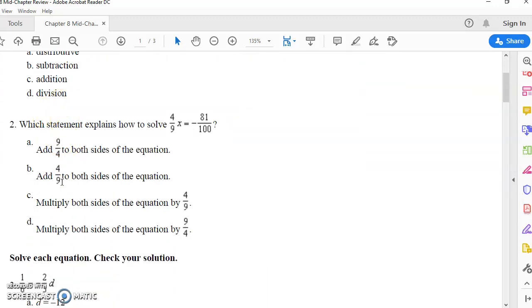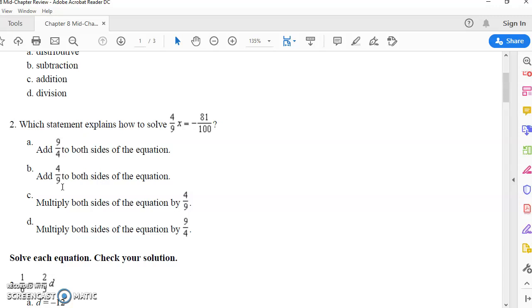Number 2, it says which statement explains how to solve 4/9x equals negative 81/100. Now, using process of elimination, you can just get rid of answer choice A and answer choice B, because this is a multiplication equation, and I just reviewed that if it's a multiplication equation, you're going to do the inverse operation.